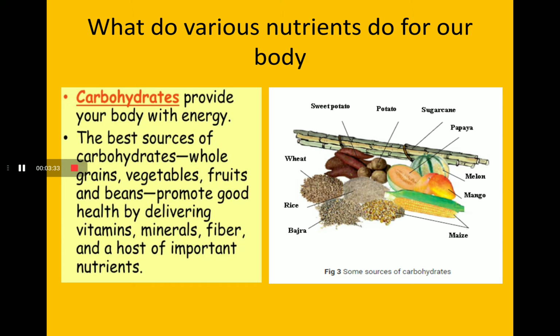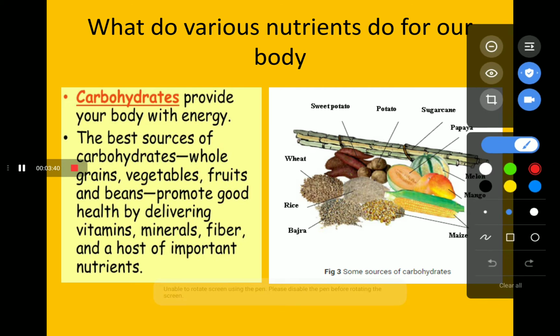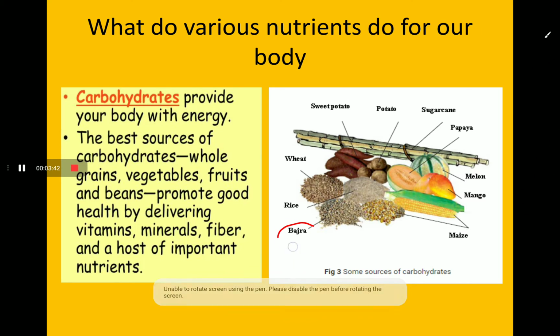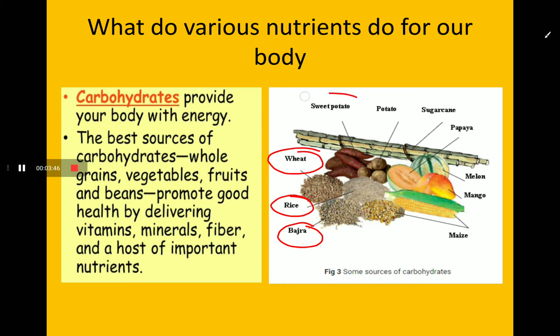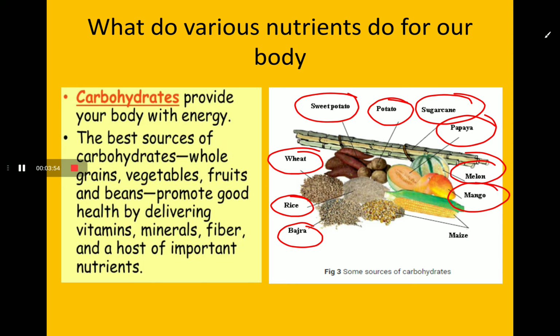carbohydrates. As you can see in the image, the different sources of carbohydrates are bajra, rice, wheat, sweet potato, sugarcane, papaya, melon, mango or maize. These are some sources of carbohydrates.